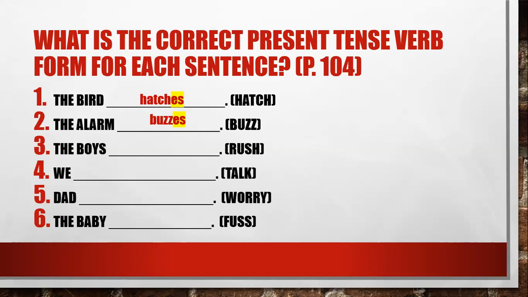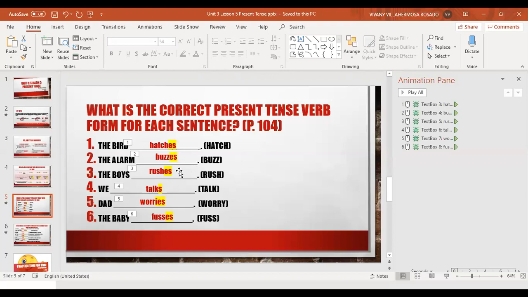Sentence number 3, the boys blank. Now we look at the subject, because when working in the present tense, we have to keep an eye on the subject. You identify boys as a plural subject, and we already talked about it. Singular subject, the verb changes according to the rules. Plural subject, the verb stays in its base form. So in this case, because boys is a plural subject, the verb stays in its base form, and that's a mistake that I have to fix.